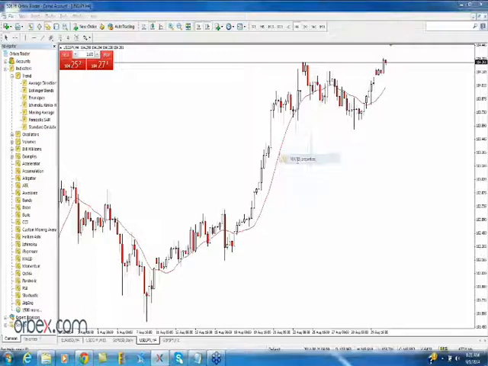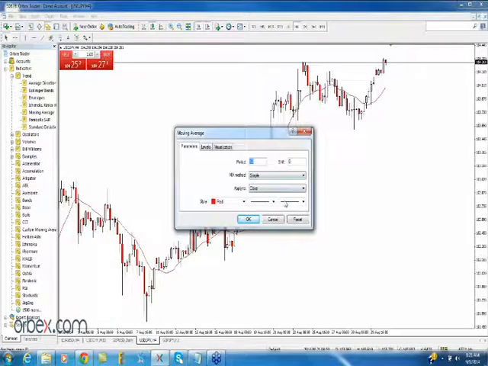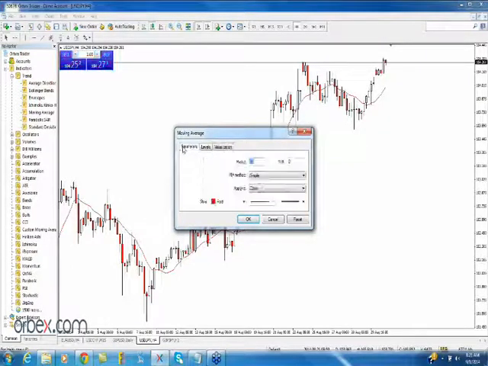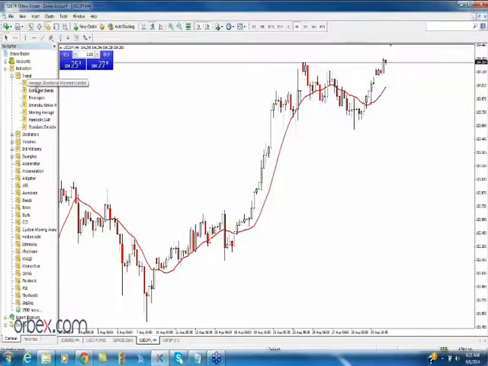This is how you do it: you go to properties, and we'll have the smaller moving average with a slightly lower line. You can change the levels and visualization, so if you only want it on certain time frames, you can make those edits. So a 13 moving average, and then let's do a moving average of 62.